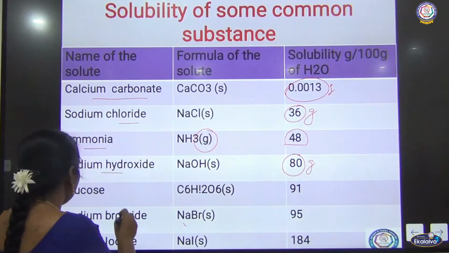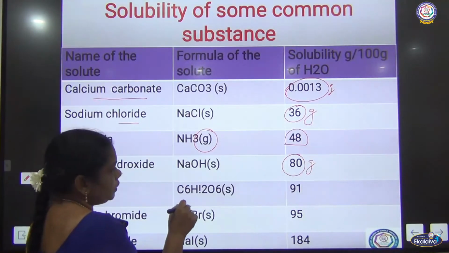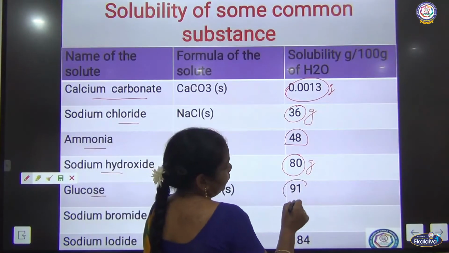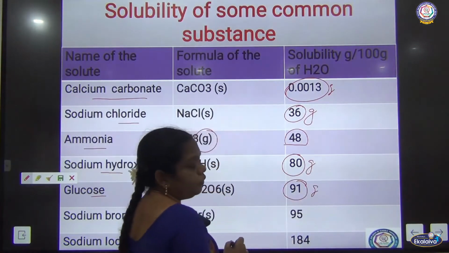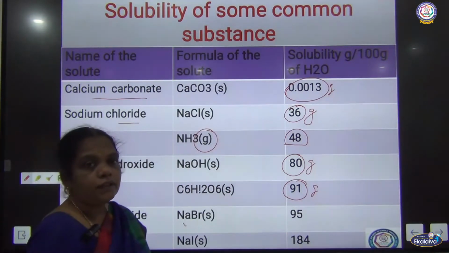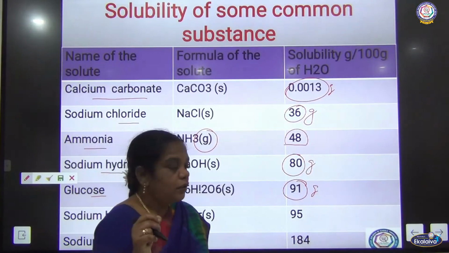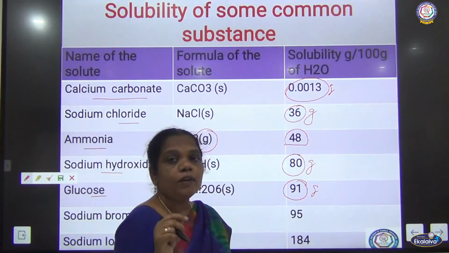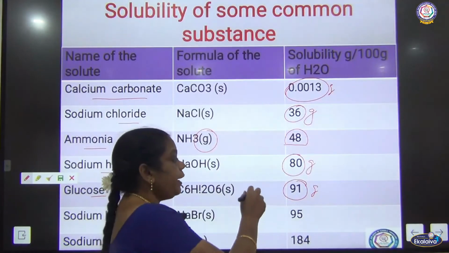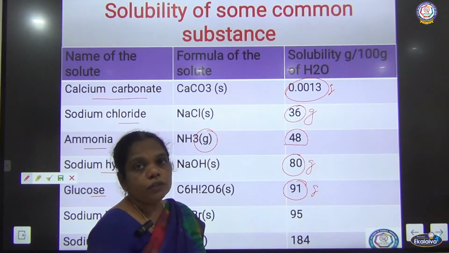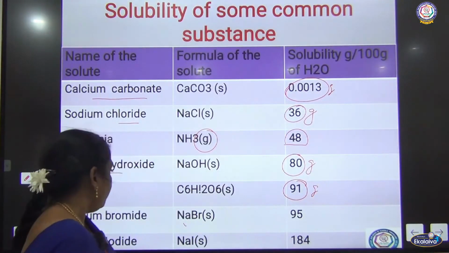And next one, glucose. It is a solid substance. How much glucose can be dissolved in 100 gram of water? About 91 gram.